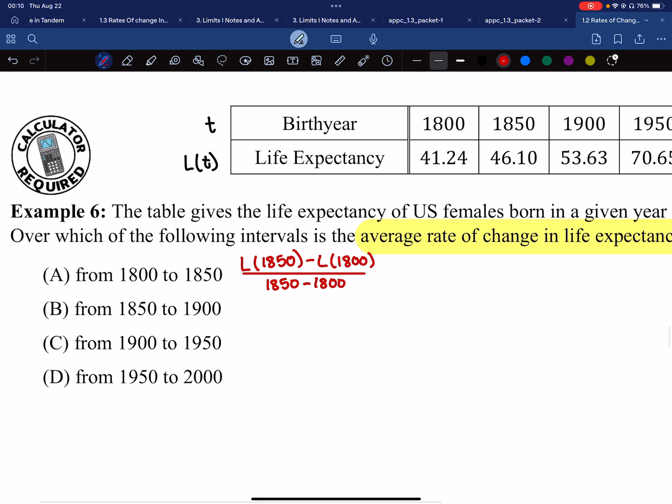Okay, from here, we need to get what L of 1850 is and what L of 1800 is. So we go to our table, we find 1850 right here, and we find the life expectancy at that value, and that would be 46.10.